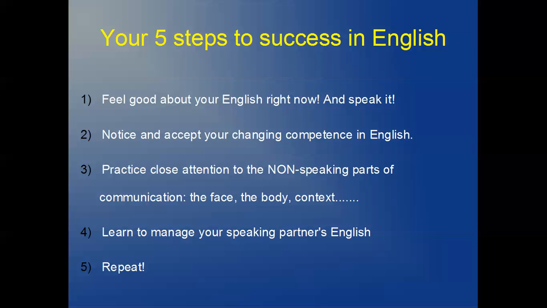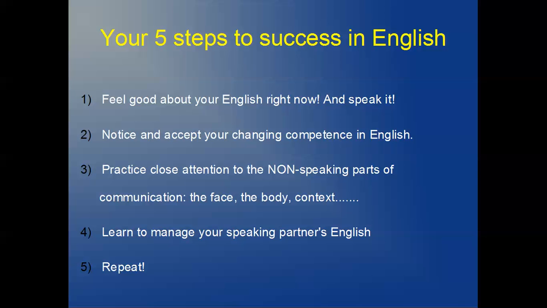Maybe it's because your words and grammar are not good enough, or maybe simply that the subject is not interesting enough for you. So we have a lot more sources of information in communication. Let's notice them and use them to help us to understand the words that we hear.